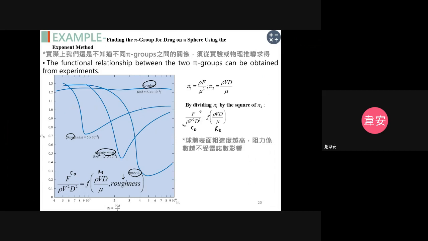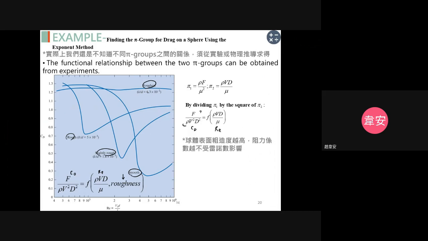So we know that if the sphere surface has relatively higher roughness, then the drag force does not respond to Reynolds number changes.